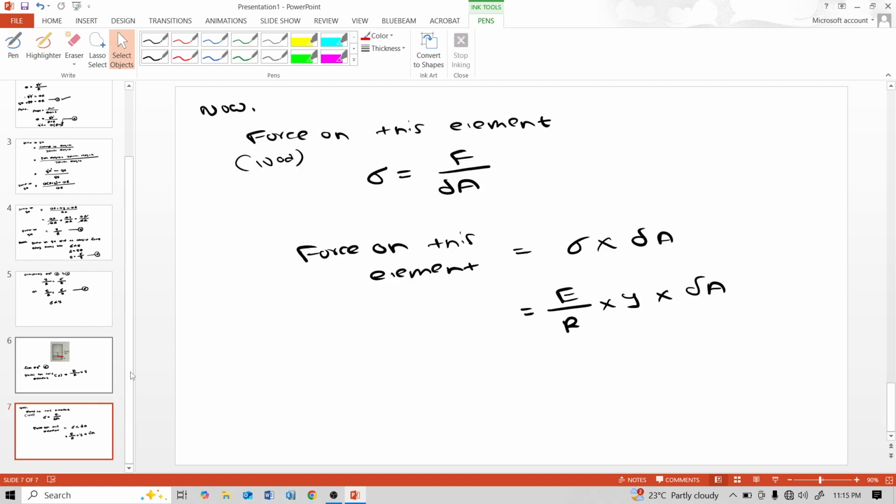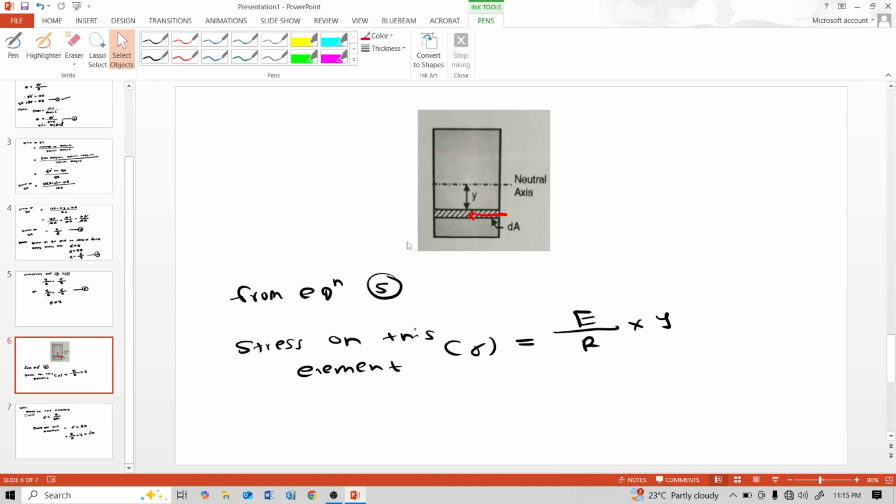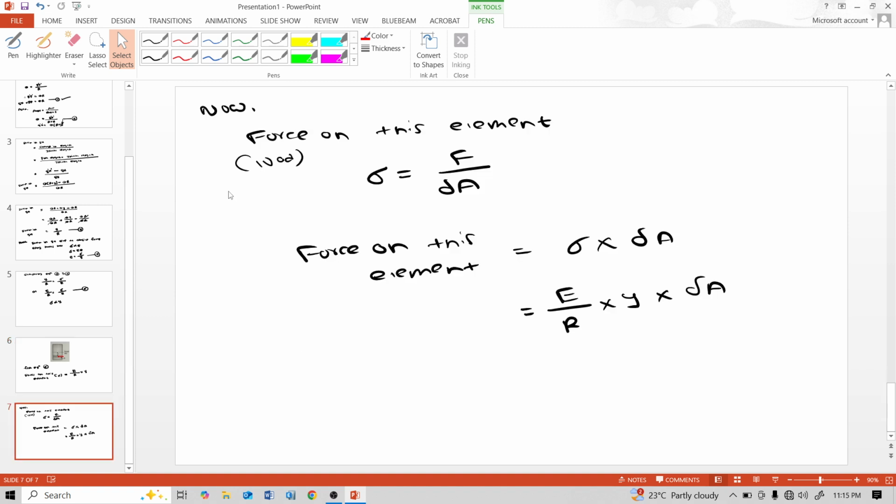So the force is E upon R into Y into delta A, and the perpendicular distance to this force is y. That's why I write this on the next slide.